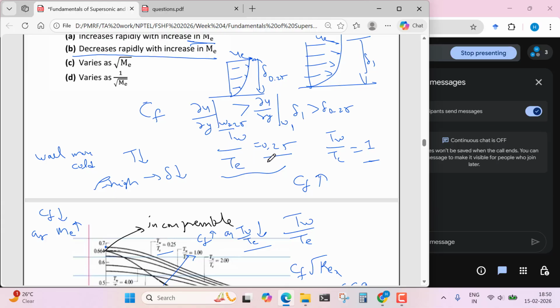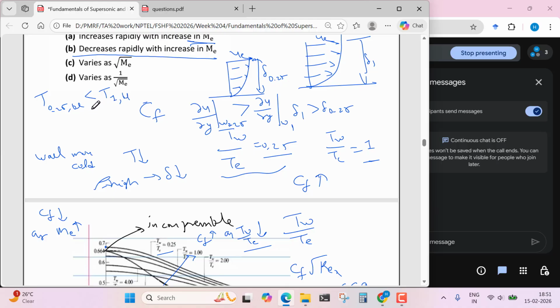The lower the wall temperature, the more heat transfer there will be inside the boundary layer, and the more reduction in temperature inside the boundary layer. So the temperature inside the boundary layer for the 0.25 case is lower than for the 1 case.